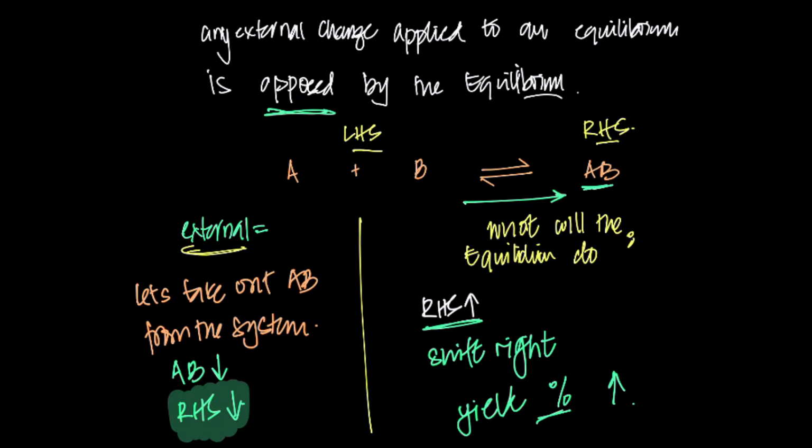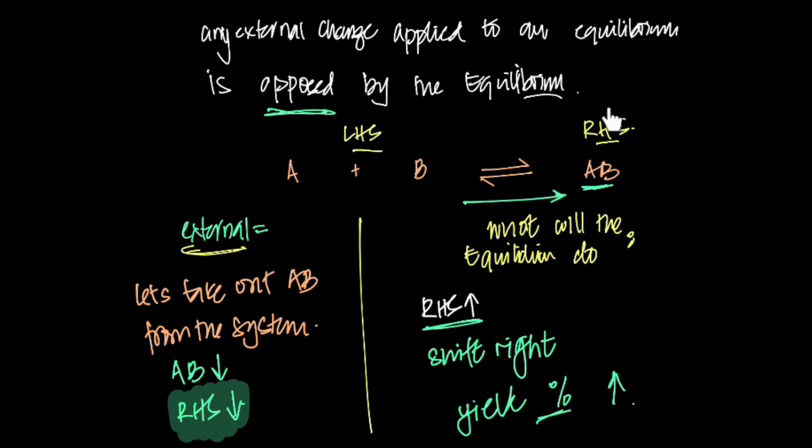No. You already remember, Mason, we already have A and B. You see, it was an equilibrium. One way to make AB is to have more A and B. The other way is to take AB out. One way to increase AB, we had seen, is to increase this side and it will go right.